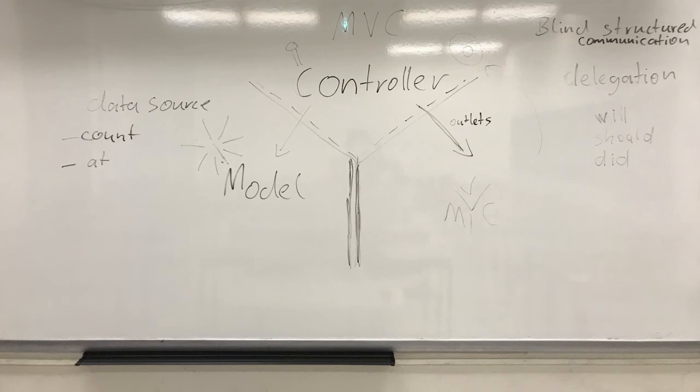Anyone want to tackle this communication between the controller and the model? Let's talk about the data source. Yes. Can I understand it this way? We use the controller to manipulate the model. Yes.